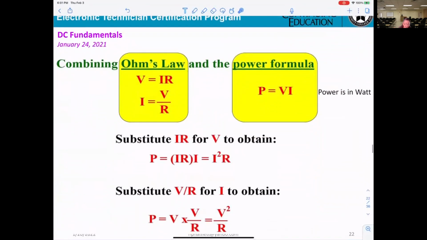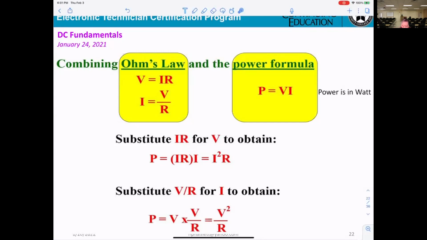Okay, now this is giving you more formulas. You want to calculate the power. You understand it when you turn on the headlight of your car. Basically, the current goes through resistance inside the bulb.